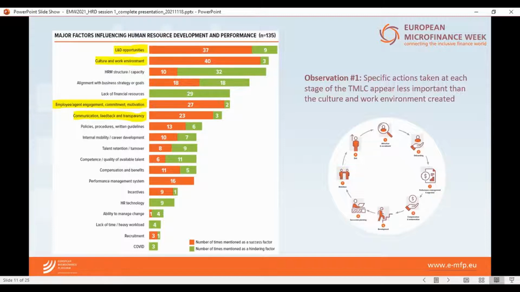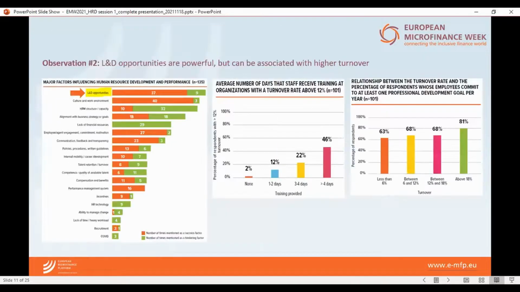This isn't to say that the actions at each stage of the talent management lifecycle are not important, they are. But what seems more important is creating work and workspaces that employees want to be a part of. Learning and development opportunities are clearly important, but their impact on performance is more complex than this chart suggests, as we'll see in the next slide.